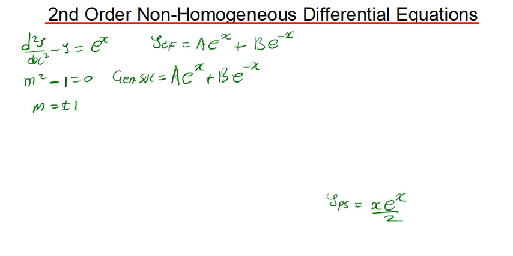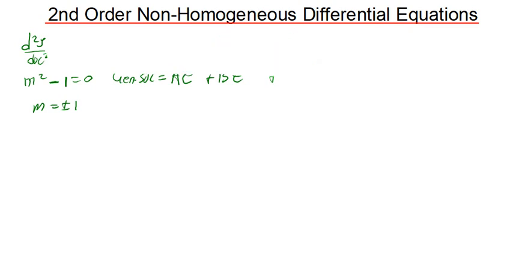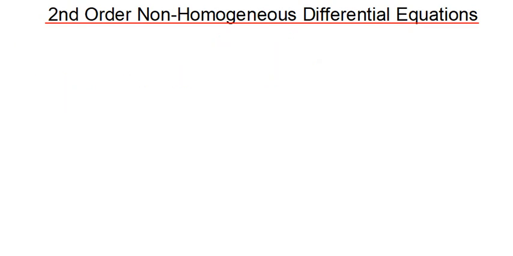Then we say plus what? X e to the x over what? Over 2. And that's what we have as the general solution. So for that one, I just wanted to illustrate what you do or how you go about it if you have your particular solution appearing in the what? In the complementary function.